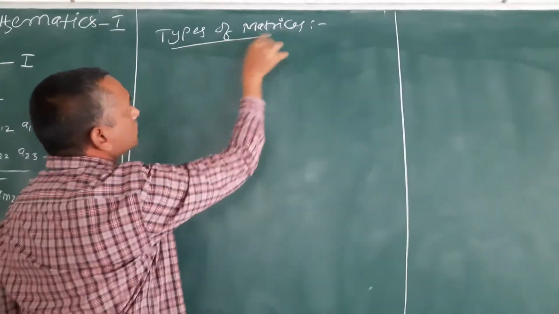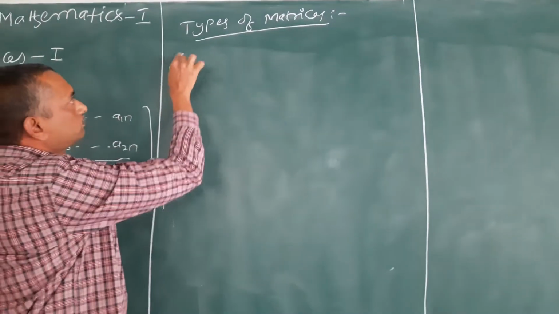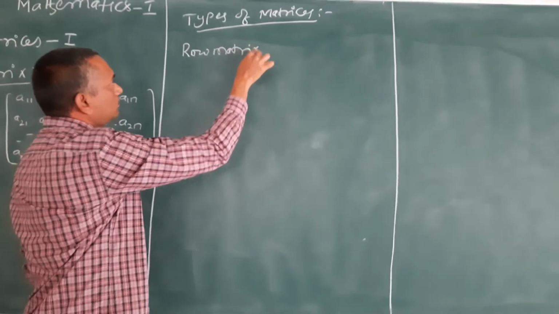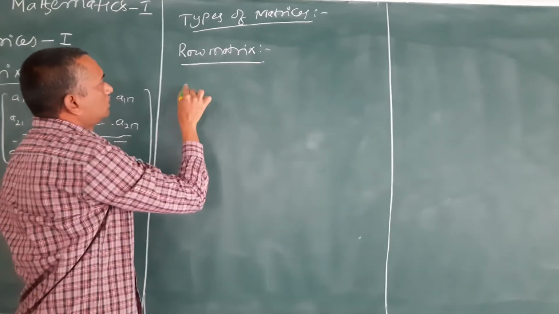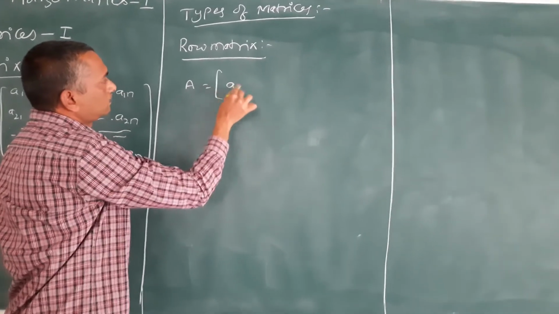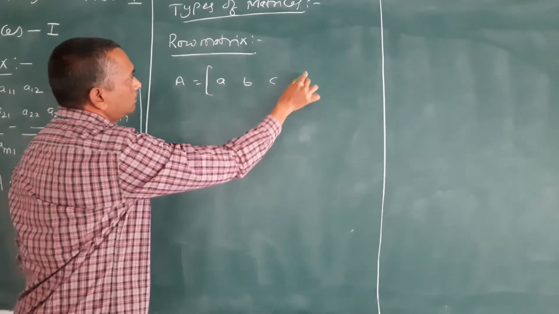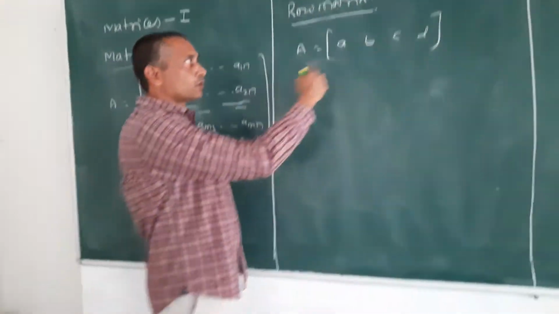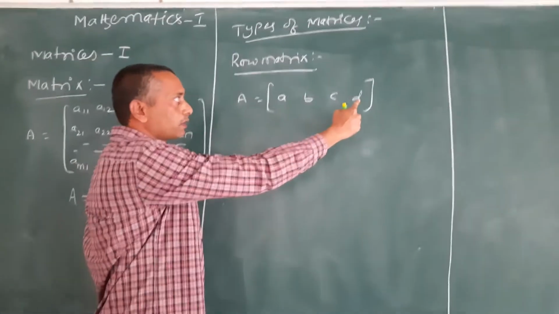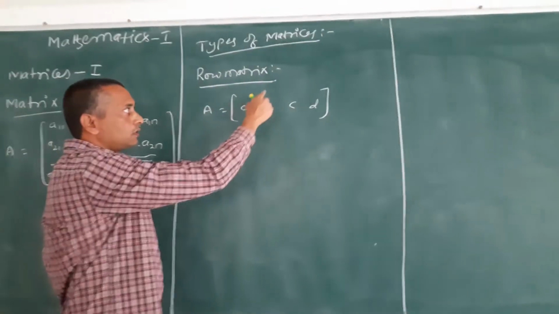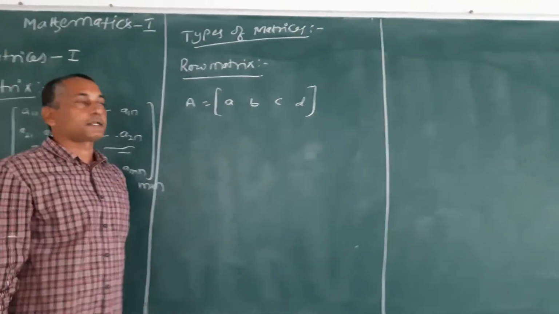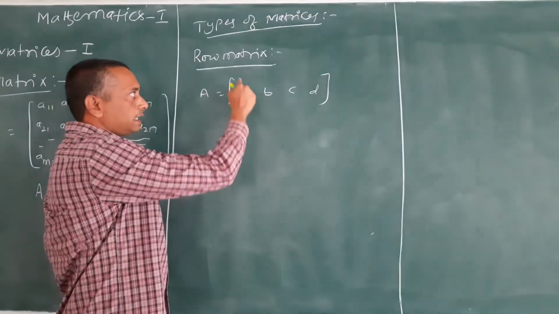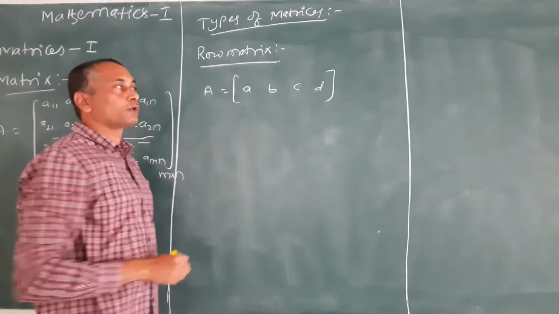Types of matrices. Row matrix. A matrix having only one row and any number of columns is called a row matrix.